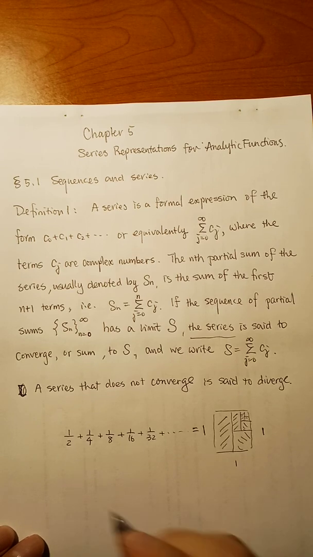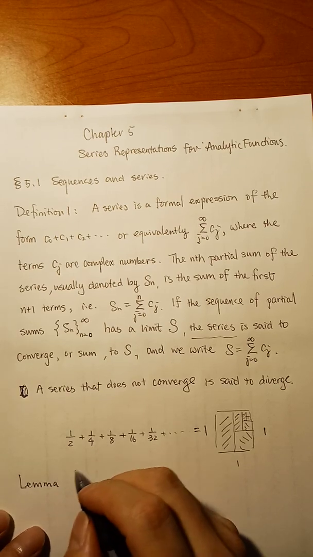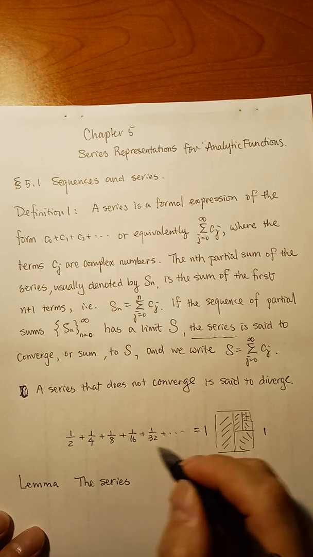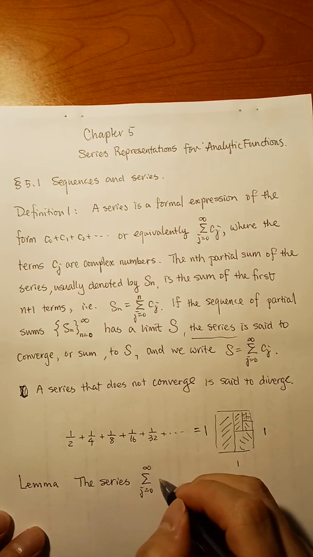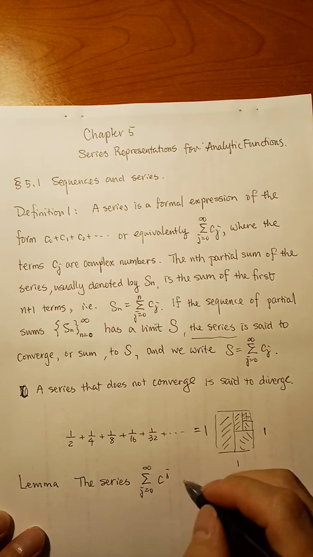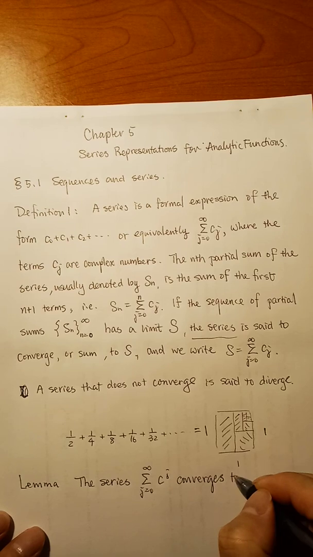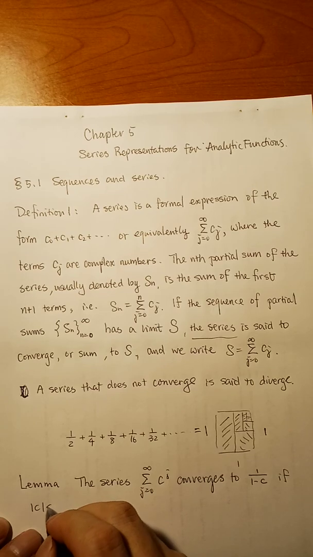The geometric series. So, lemma: the series sigma j from 0 to infinity of C^j converges to 1/(1 minus C) if the absolute value of C is less than 1.